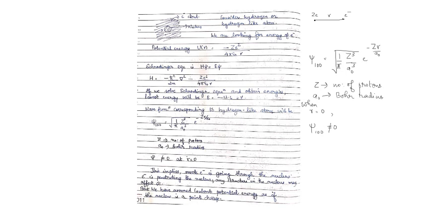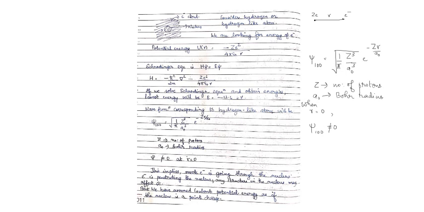When r is equal to 0, my electron is at the location of the nucleus itself, right? So psi 100 not equal to 0 at r equal to 0 implies that the electron is actually passing through the nucleus. Can you just imagine that? You have to, because that is what this expression means. The electron wave function is actually penetrating the nucleus.